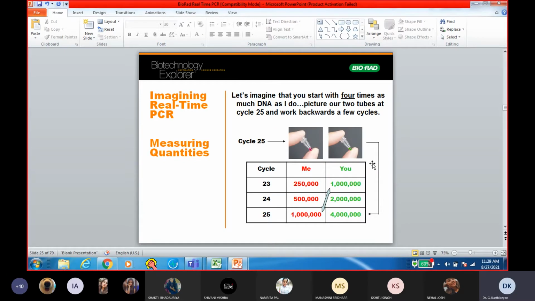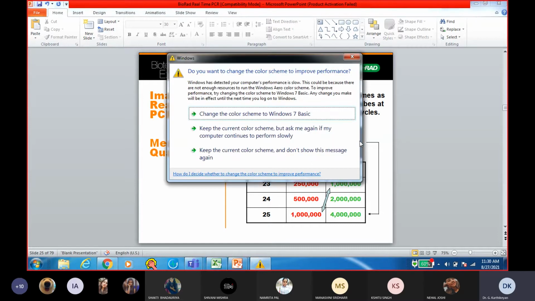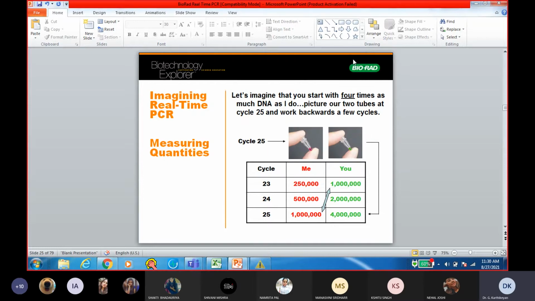Simple. Let's imagine two people are doing experiments. Let us say one person starts with 4 times the amount of DNA. Say it's just a pipetting error. Instead of pipetting the normal amount, this student pipetted 4 times extra.